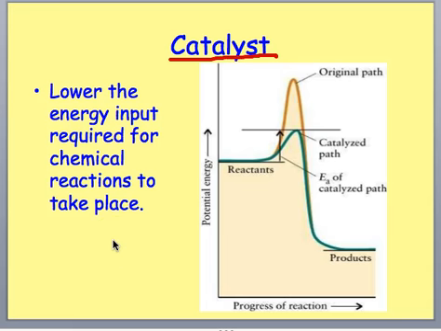So how does a catalyst speed up a chemical reaction? Well, all chemical reactions need energy for them to take place. We're looking here at a chemical reaction progressing along the bottom, and the energy in that chemical reaction.